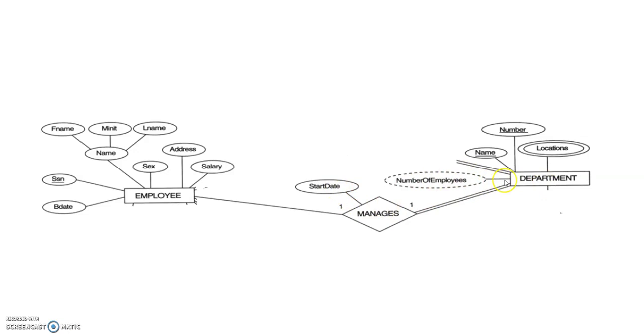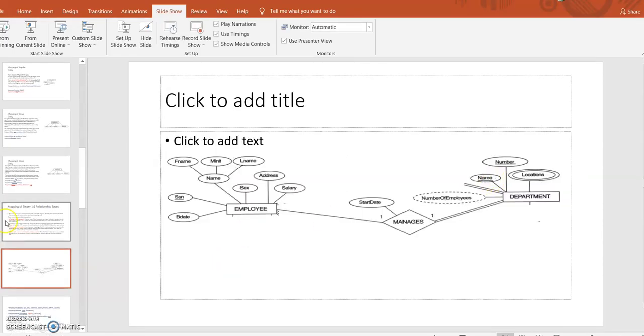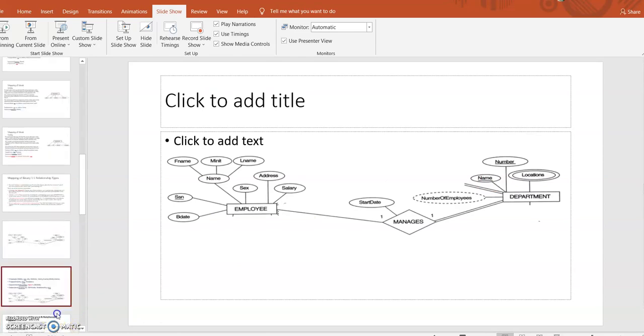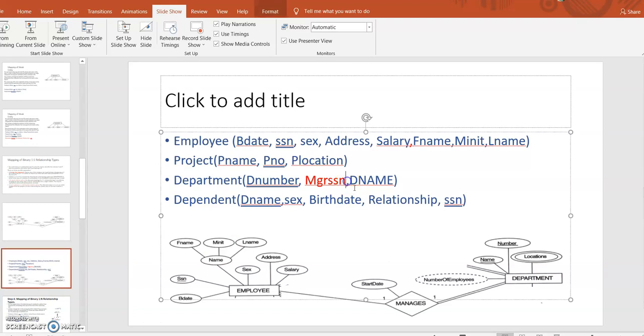So the department table contains manager start date also. So the new department table contains manager SSN, manager start date, department name and department number.